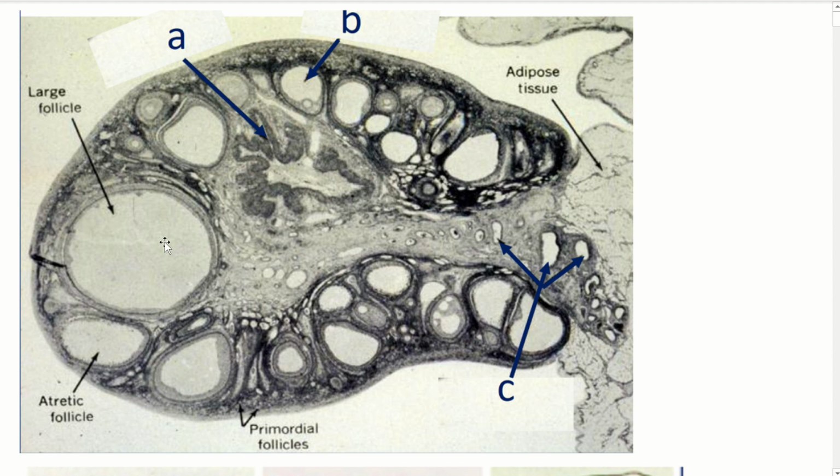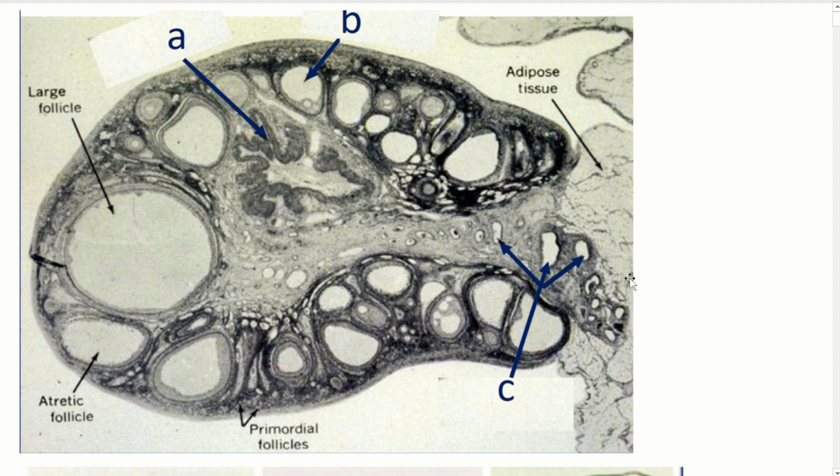This would be a tertiary follicle or a mature follicle, and it's even labeled like that, a large follicle. But this secondary follicle does have an antrum inside of it, and remember we said the second they have an antrum, they're considered a secondary follicle, and this is going to contain a bunch of the estrogen that the follicle was secreting.